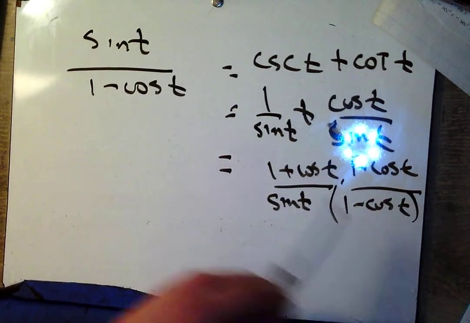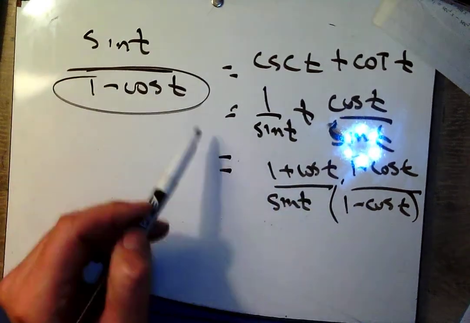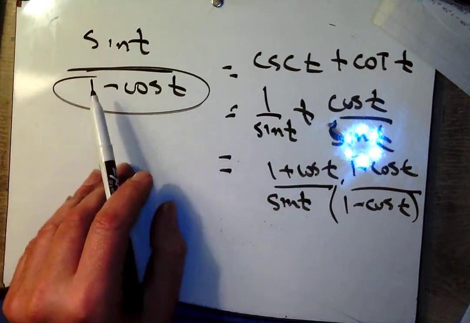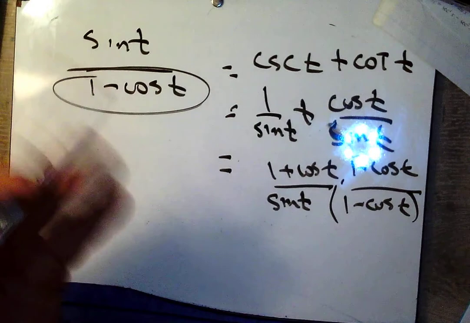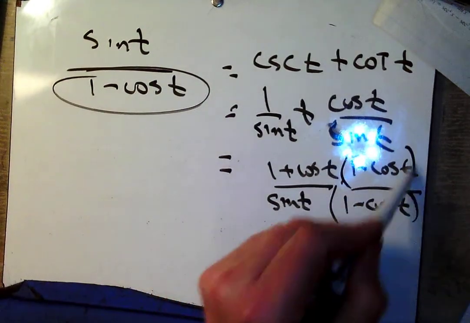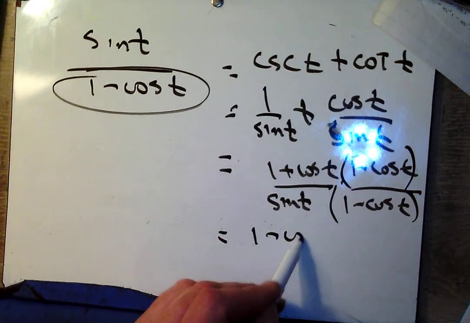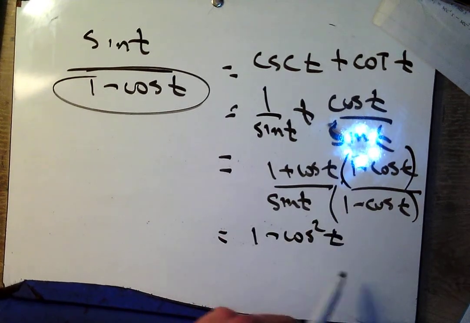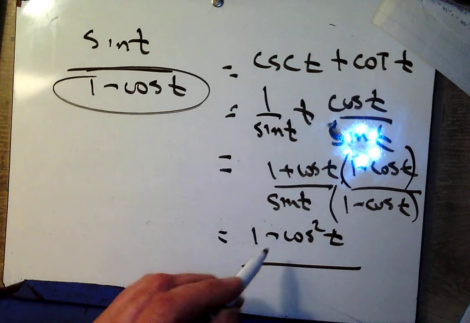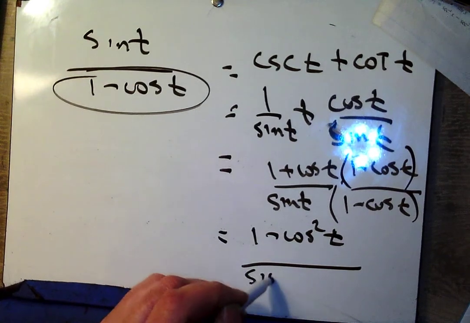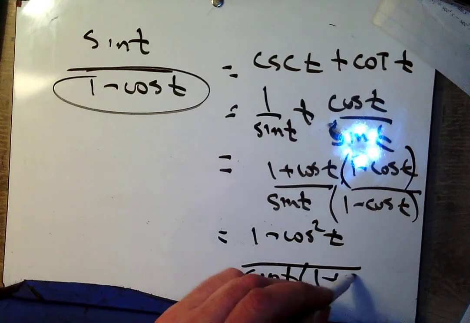How did I know that? Well, Mr. Gupta says, look where you're going. You've got a 1 minus cosine on the bottom. So I somehow have to get a 1 minus cosine. And boy, that's just the conjugate of the numerator. If I FOIL on top, I end up with 1 minus cosine squared. On the bottom, I've got sine times 1 minus cosine.